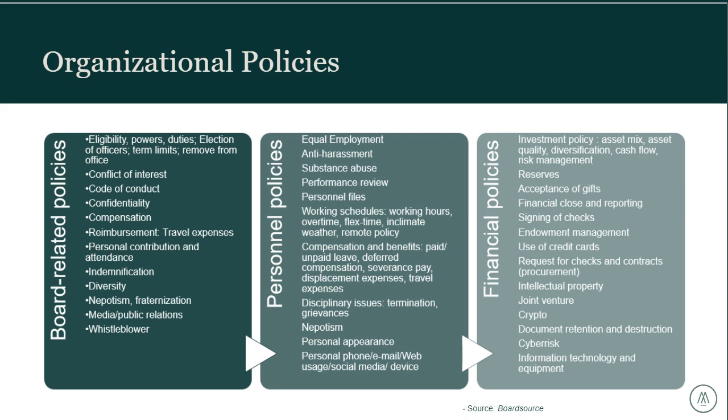I don't know how many times I ask an organization what their endowment policy is, and they say, well, it's whatever the investment firm is doing, or we just follow UPMIFA, or it's just not documented. Having documentation around endowment policy is important. What would we do with the board endowment? What are we doing with the donor endowment? What are we spending and how are we reviewing that? What do the rules of the state dictate? Are we going to spend if it's underwater? Having policy around that really protects the organization.